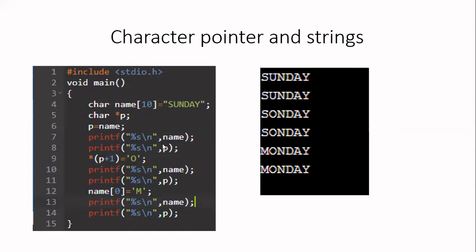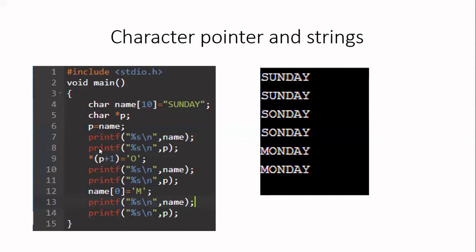This will print the message Sunday. Now the same thing I am going to access with the help of this pointer. So I am writing percentage s comma p. Now I will again get the same string, Sunday.